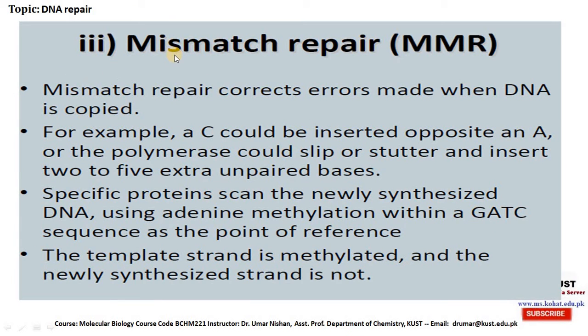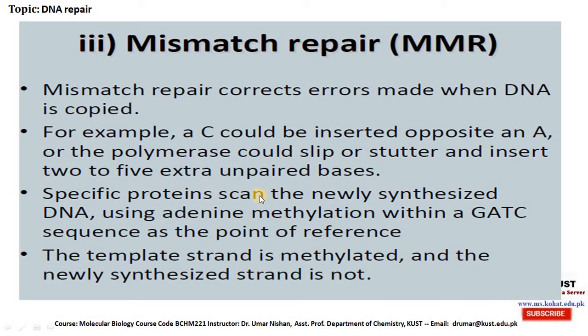Then the third one is mismatch repair. Mismatch repair corrects errors made when DNA is copied. For example, a C could be inserted opposite an A, or the polymerase could slip or stutter and insert 2 to 5 extra unpaired bases.